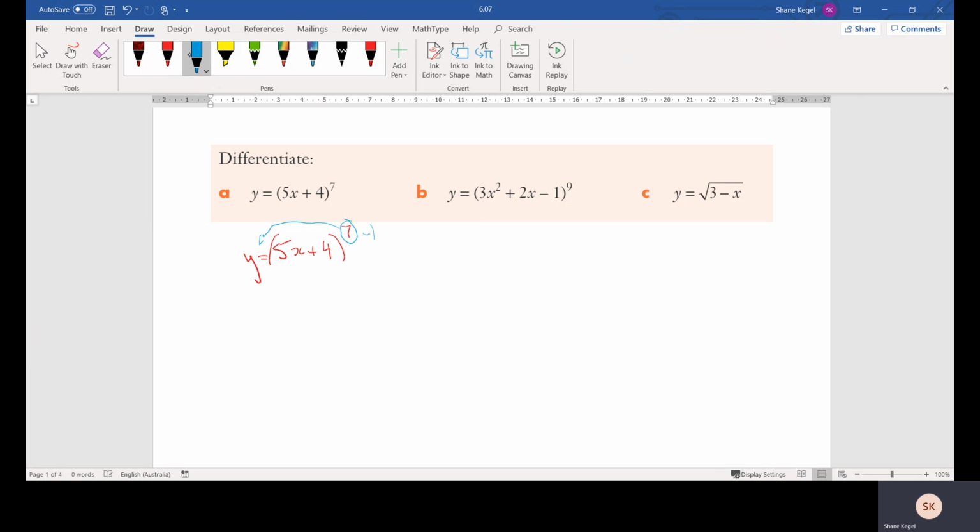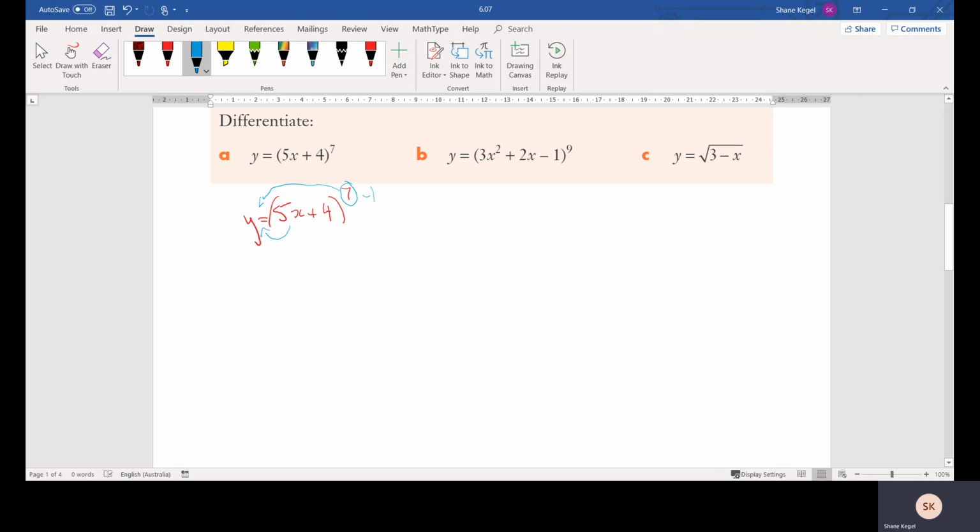But because the value of my function here is not simply x, like x to the 7, or an amount of x to the 7, we've also got this constant here. We also need to derive what's inside our brackets here. So I need to derive what's outside the brackets, and I also need to multiply that through by the front value. So let's have a look at how that looks.